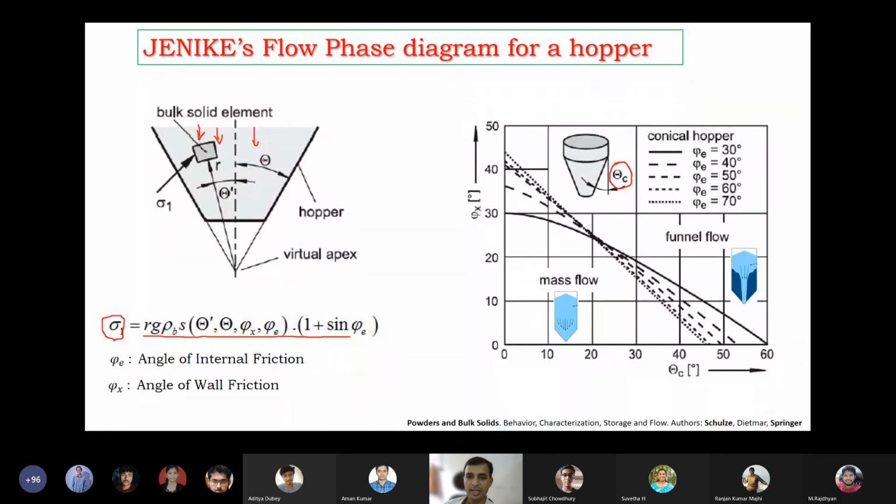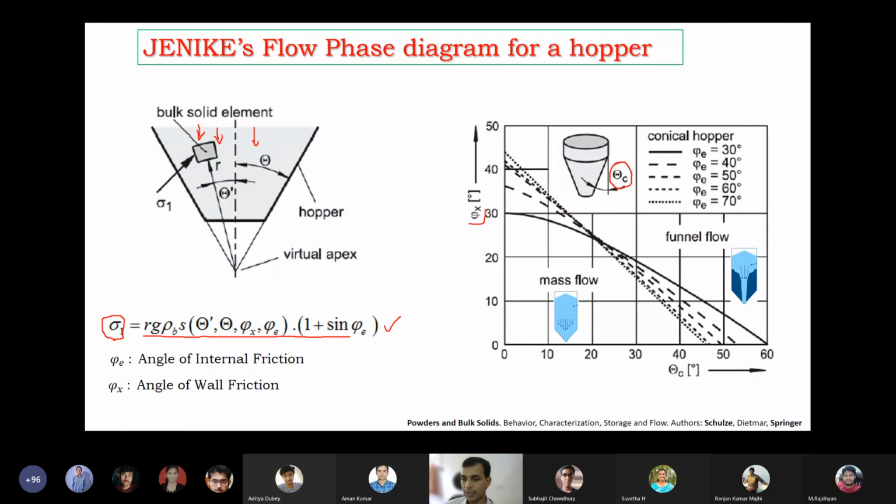The vertical stress acting in the conical Hopper is a function of radius, bulk density, the angle of internal friction, and all those things, and this is very complicated. Again, I don't want to get into all those derivations because we need to explain a lot of other fundamental concepts. But for us, the most important thing is the empirical relationship that he has published in the books.